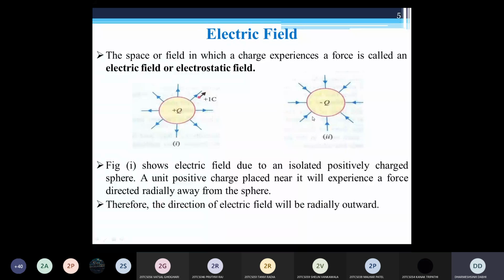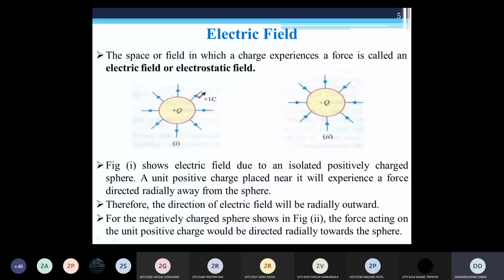You can see in this figure the direction of force is towards the sphere, while for a positive charge it is away from the sphere. So it depends upon the polarity of the charge. The direction of the electric field is radially outward for a positively charged sphere, and for a negatively charged sphere the force on a unit positive charge is directed radially toward the sphere. So that is about the direction of force and electric field.